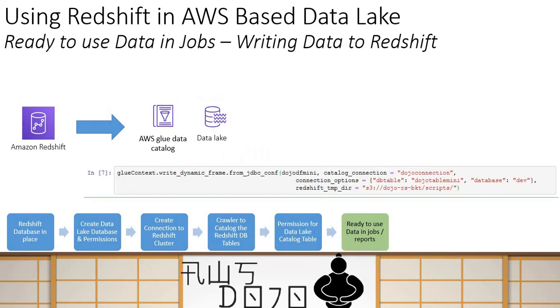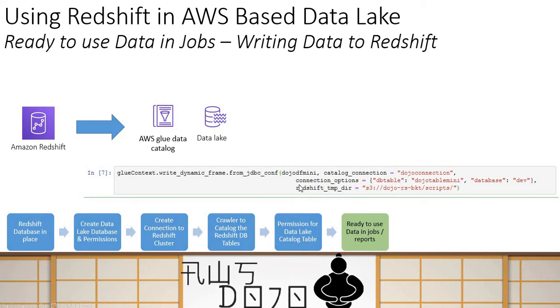Moving on to writing data to Redshift, you can again use the Glue context and say, I want to write a dynamic frame using JDBC. This is my dynamic frame, which I want to write back. This is my connection name, the same connection we created here. Remember this connection name.